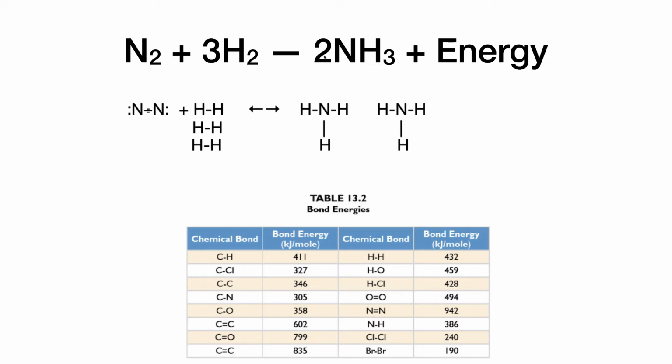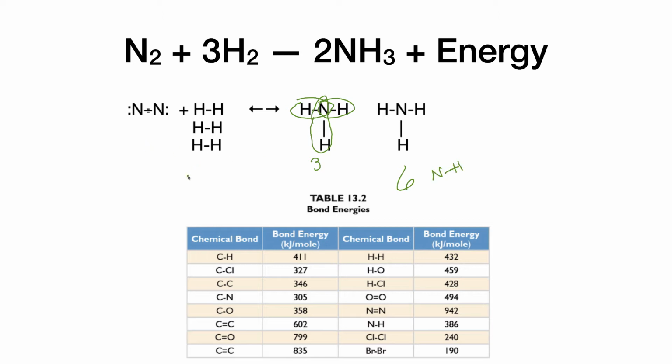NH3, we have 2 of these. Now, what you notice here is that there is 1 NH bond, another NH bond, and a third NH bond. So each one of these molecules has 3 NH bonds, and we have 2 molecules. So that gives us a total of 6 NH bonds.